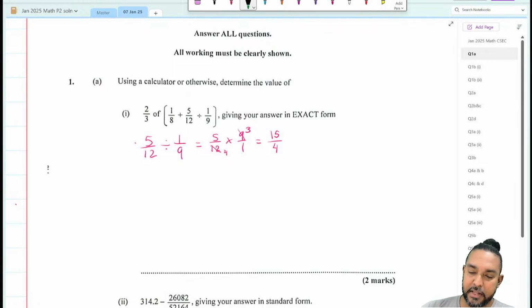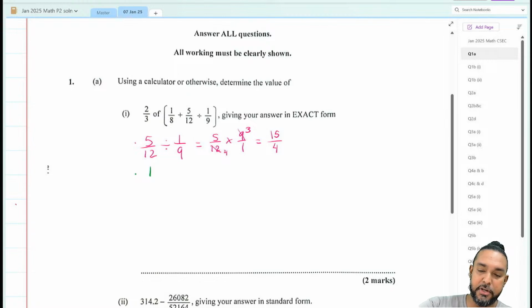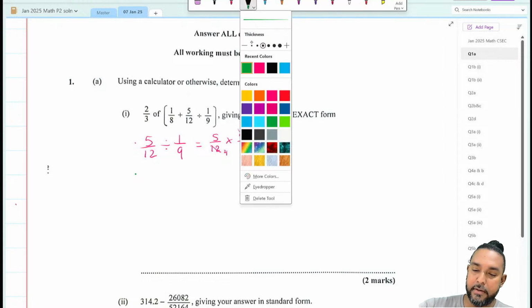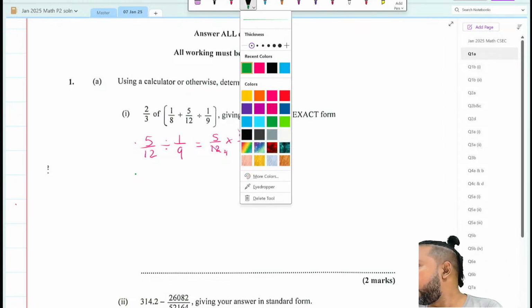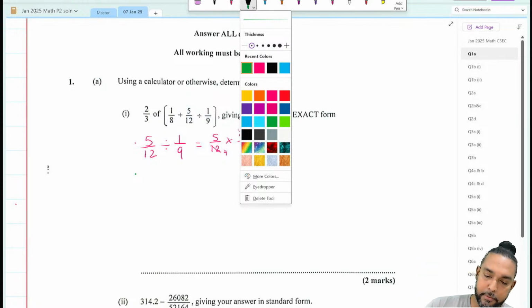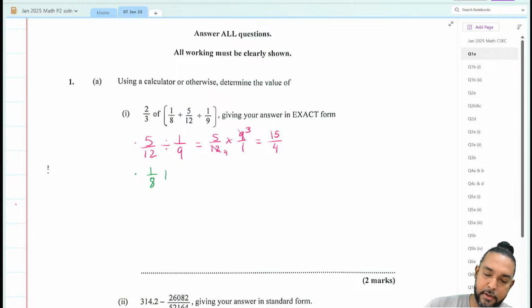Then we could do 1/8 added to that. I need to change the thickness of the pen point. So we have now 1/8 plus 15 over 4. The good news is that 8 and 4 have a common multiple of 8.